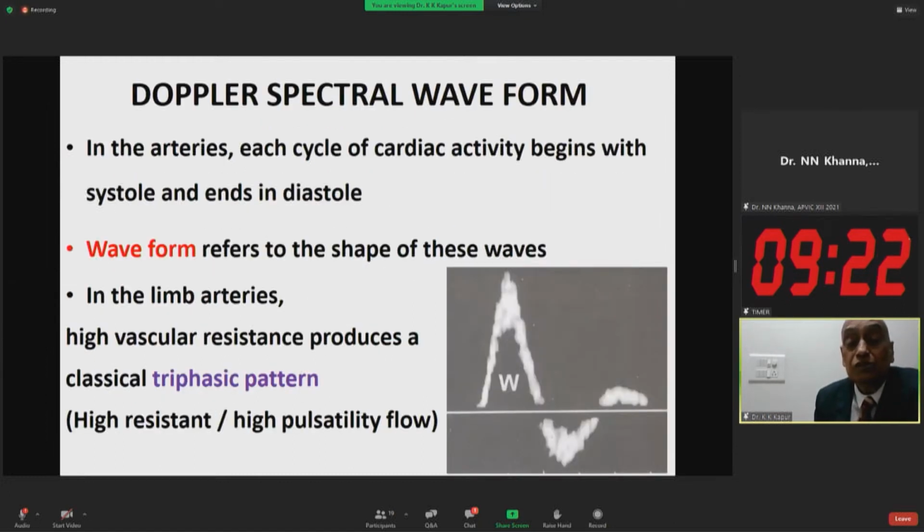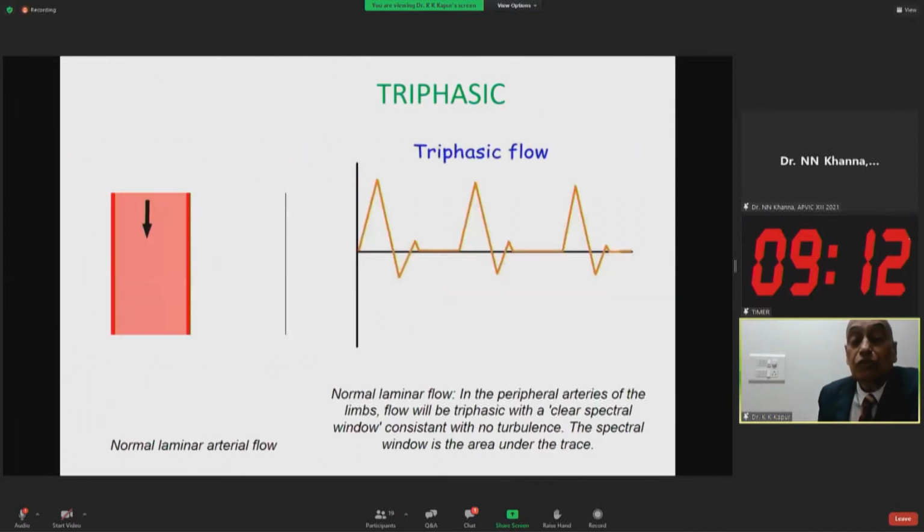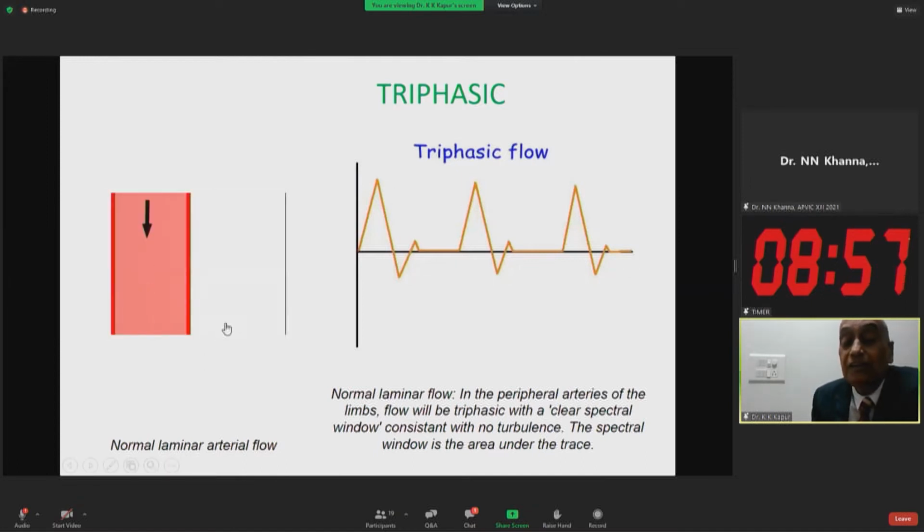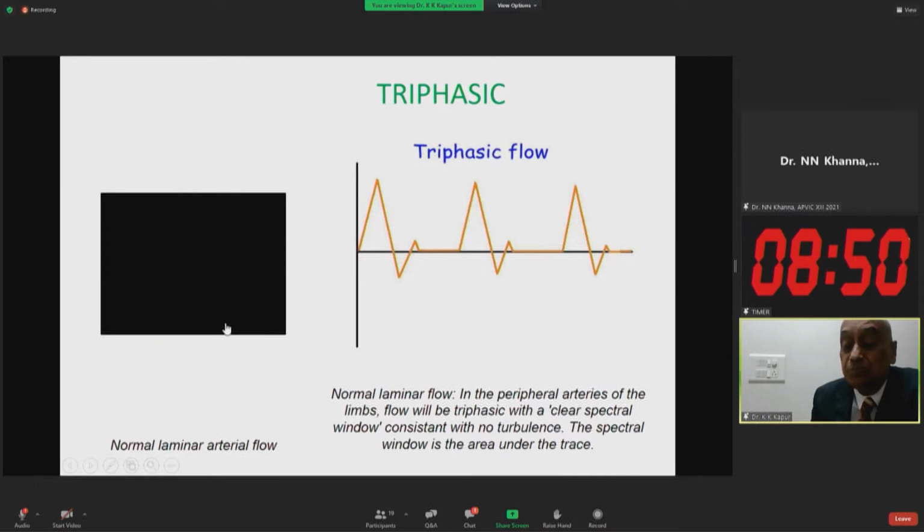Now, this is the Doppler spectral waveform in a normal patient. It has a classical triphasic pattern. If you look at this triphasic flow, you can see that it is a non-turbulent flow. This non-turbulent flow is indicated by the fact that there is a clear space within the Doppler spectrum, and the flow is triphasic.